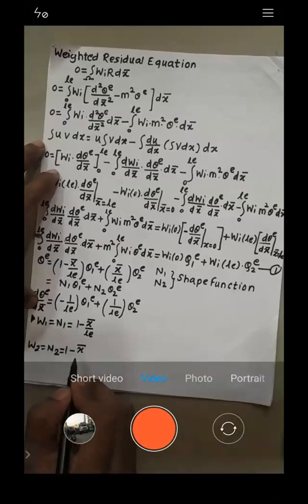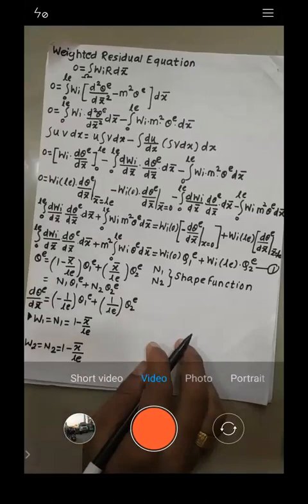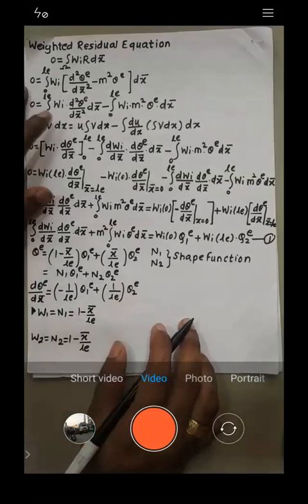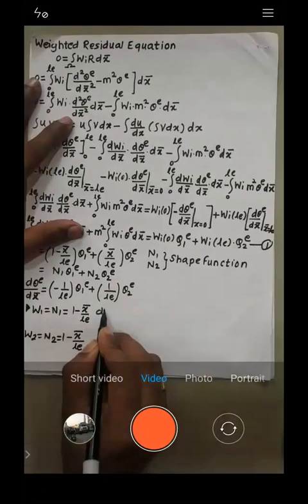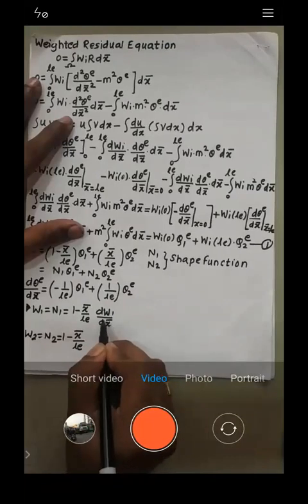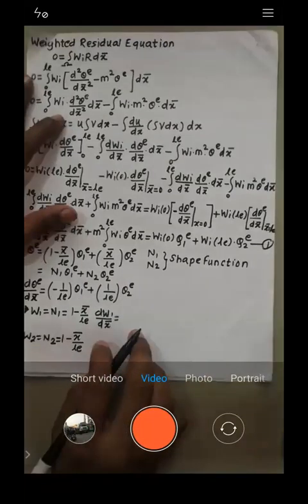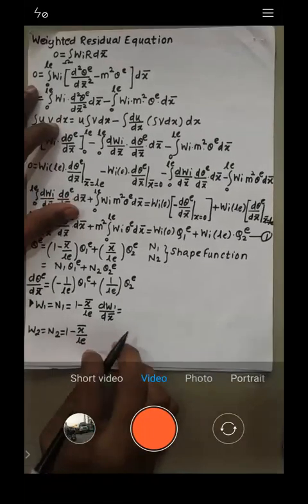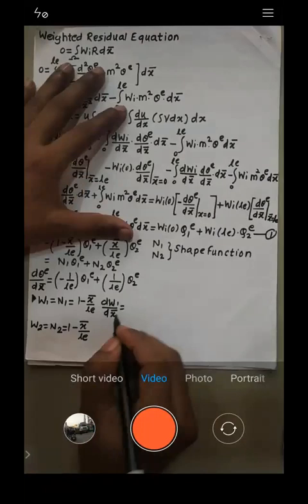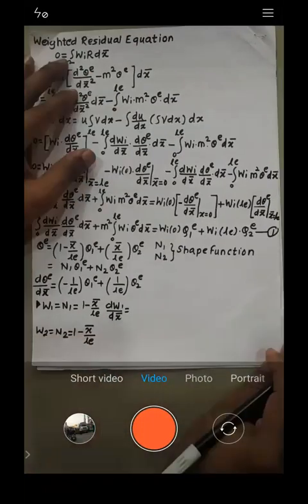Now tell me, what is the derivative of the first weight function dW1 by dx bar with respect to x bar? It is -1 by LE.